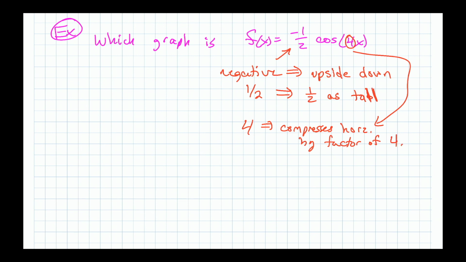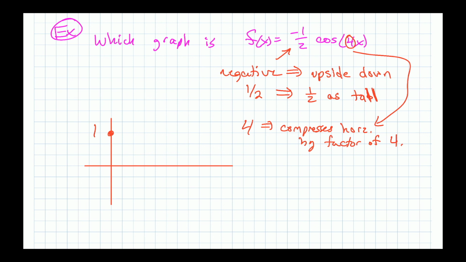Now, you could just have gone to Desmos and graphed this and you would know what it looks like right away. So you don't even have to understand the numbers if you have a computer. But here's how I'll do this by hand, just to give you an idea. So the normal graph of a cosine starts at 1.